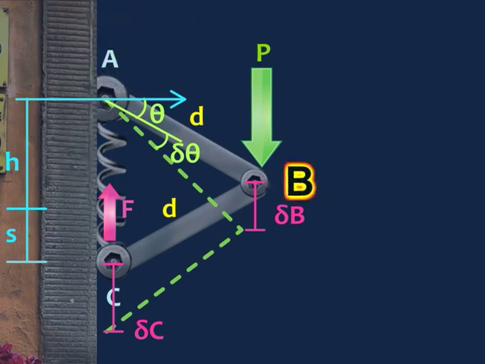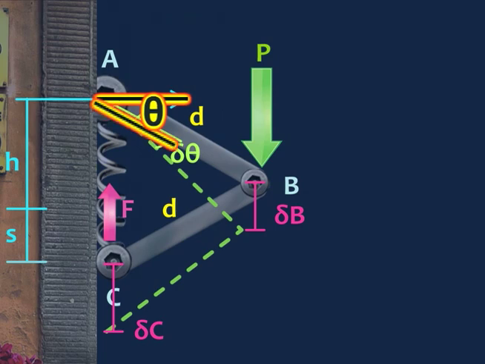B is the location where the external force is applied, and C is the location of the roller support. We can define D as the length of each link in the system. H will be the unstretched length of the spring, and S the equilibrium spring displacement. Finally, theta is the angle between the horizontal and the first link.